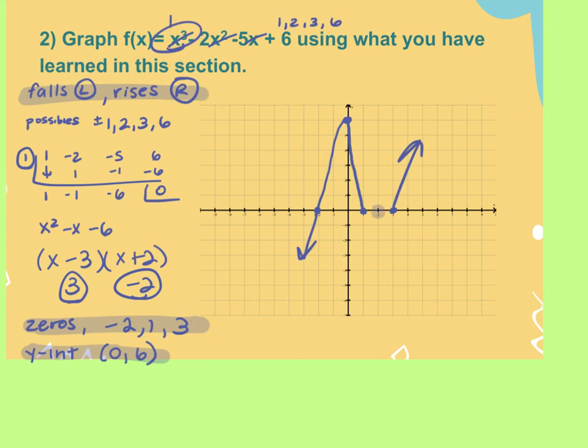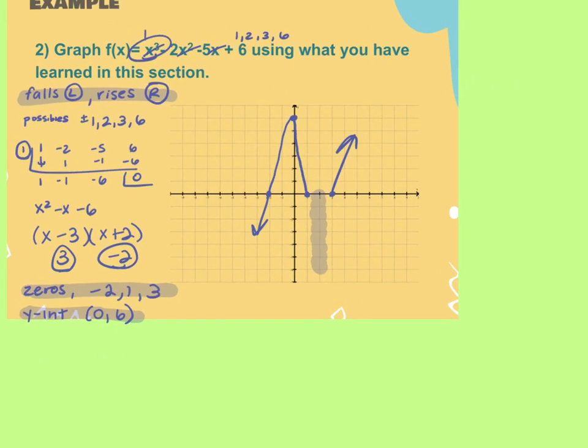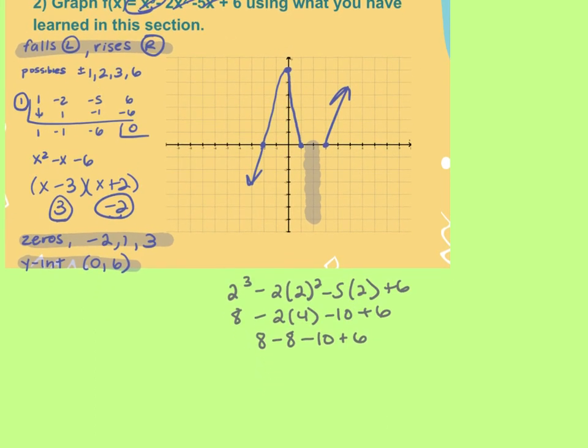Now I need to figure out how low it goes here. And for that, I plug in a positive 2. So 2 to the third minus 2 times 2 squared minus 5 times 2 plus 6. 8 minus 2 times 4 minus 10 plus 6. 8 minus 8 minus 10 plus 6.